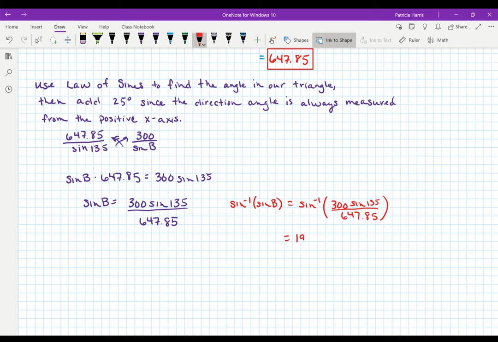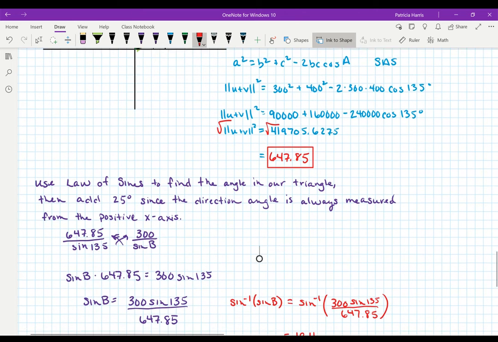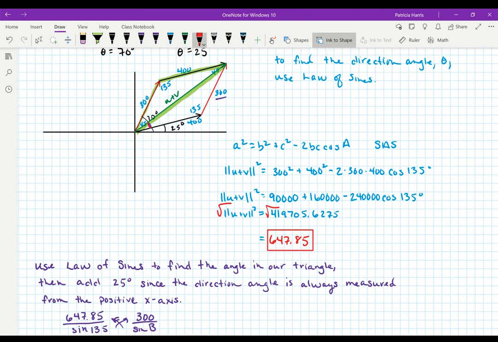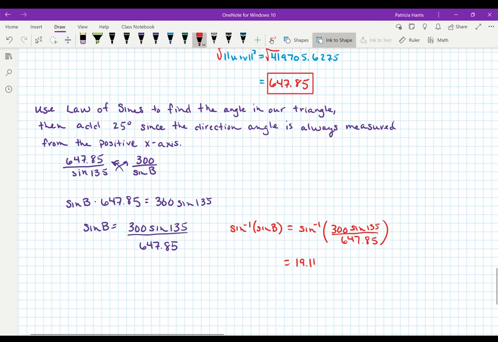Okay, I get 19.11. Okay, so that's that little tiny angle right here. Now we're going to add 25 to it.